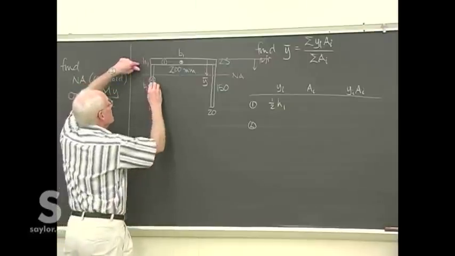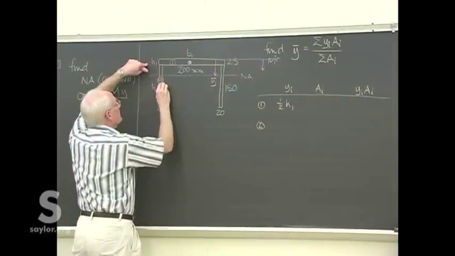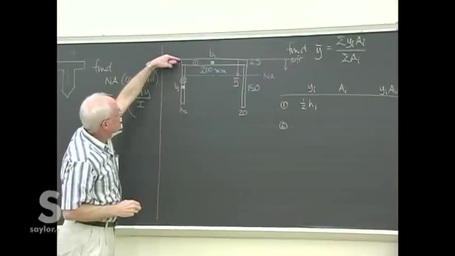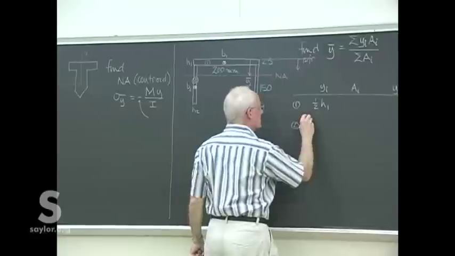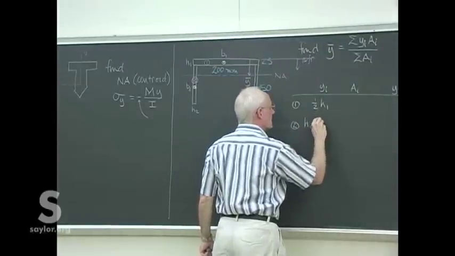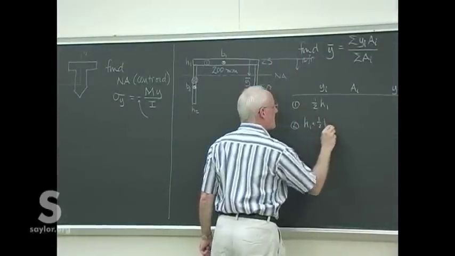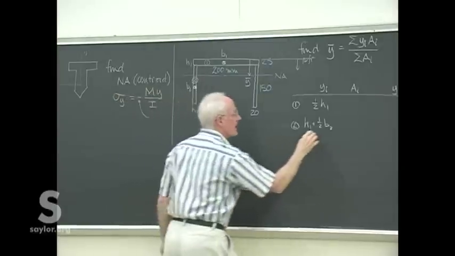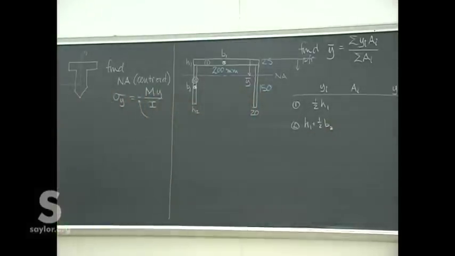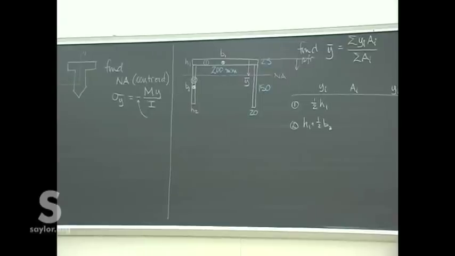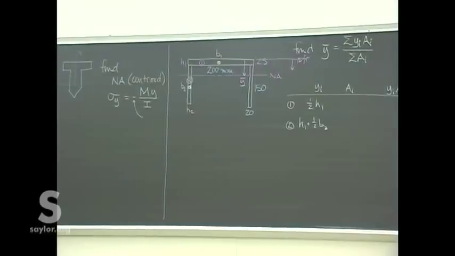Piece 2 is also right in the middle. So that's a distance from our reference line of H1 plus 1/2 H2. And you can get H1 and H2 from the reference or from the drawing itself.